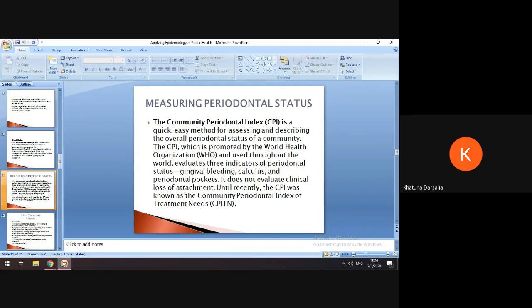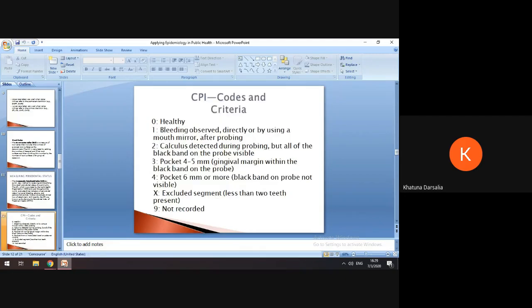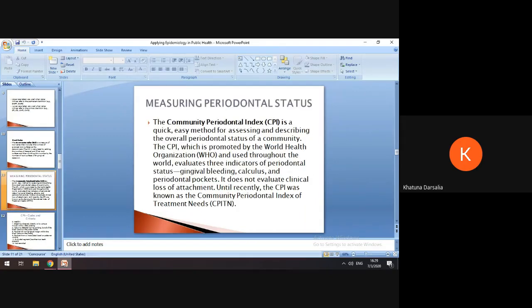The CPI, which is promoted by the World Health Organization and used throughout the world, evaluates 3 indicators of periodontal status: gingival bleeding, calculus, and periodontal pockets. It does not evaluate clinical loss of attachment.